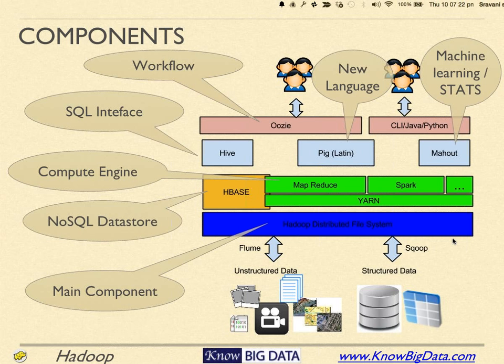There are similar integrations possible between Cassandra and Hadoop. Similarly, if you are writing something on Apache Hadoop, you can run the same thing on Amazon's Hadoop. So you can basically integrate multiple components with each other.